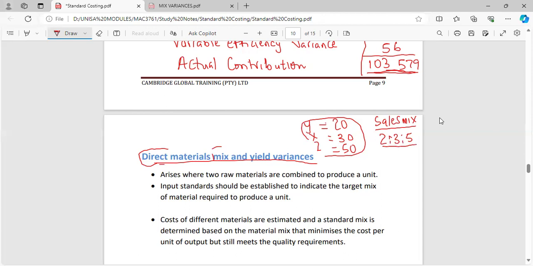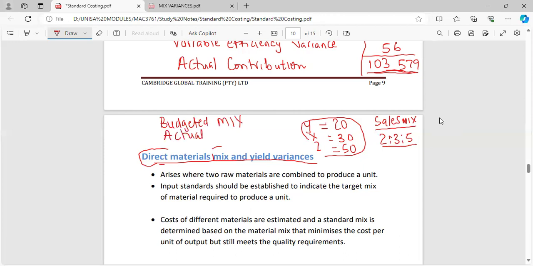So what you are seeing here in direct material mix variances and yield variances is that you want to see the variance that is going to be caused. Remember, we are going to budget. We are going to have a budgeted mix, and at the end of the day, we'll have the actual mix.